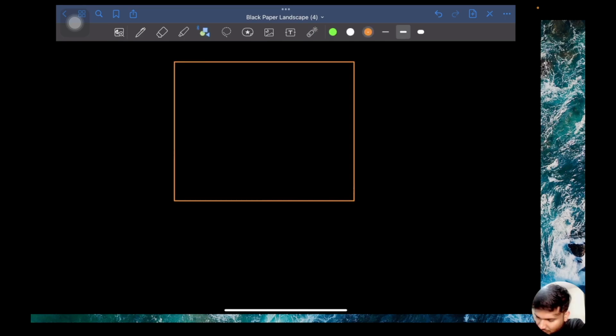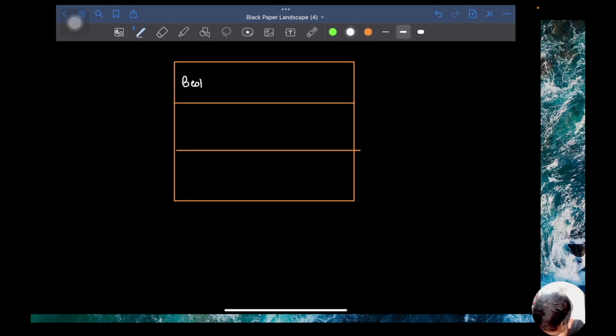So the best case notation is omega, and you also call it big omega, right?